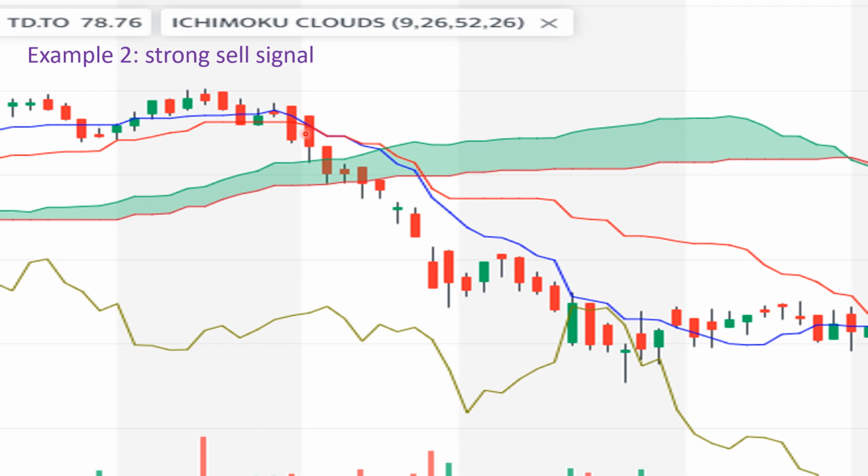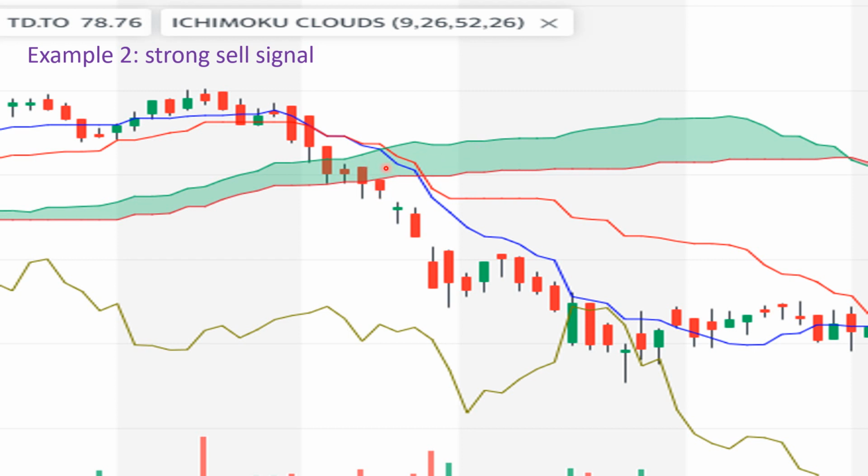So the price enters inside the Kumo cloud and breaks out the support downward and generates a sell signal. But we have to wait for this candle to be completely out of the Kumo cloud.